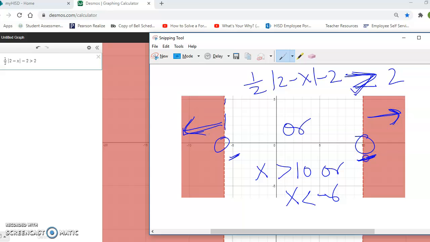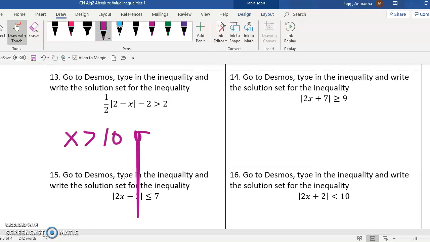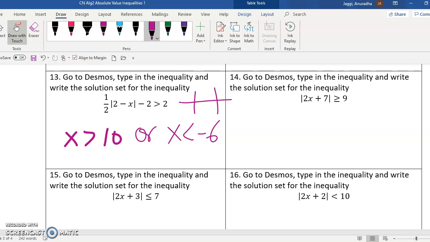So x is greater than 10 or x is less than -6 was my answer. I can even show here -6, and this was 10, and this was my shaded region.